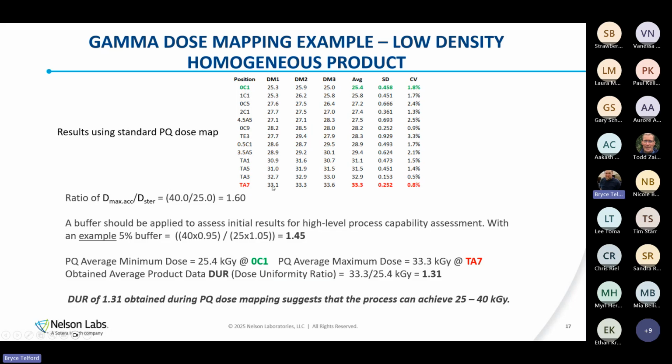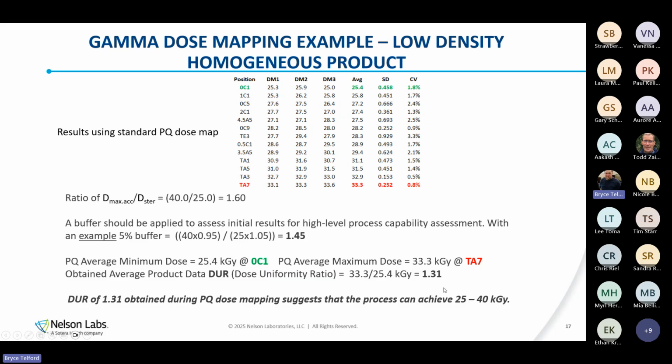We have this position here, which is our average for our high, and we're going to use those in order to get our dose uniformity ratio. Simple as that. And then based on your product and what your dose range is, so what your minimum dose is to be sterile and what your maximum dose is that's still able to remain functional, we're going to see, does that fit into our radiation cycle, meaning can we fit this essentially into the oven?